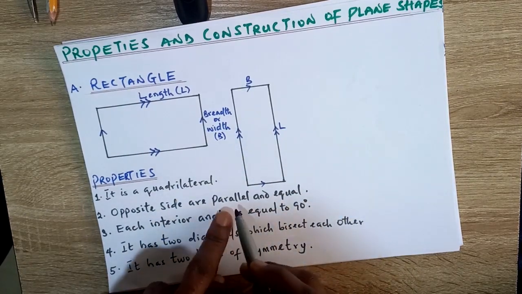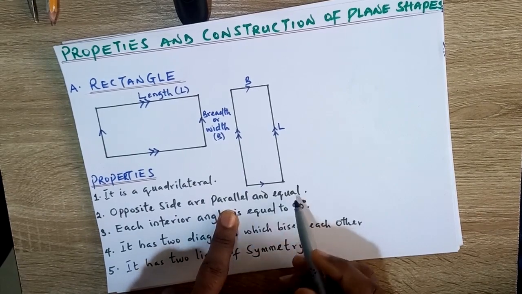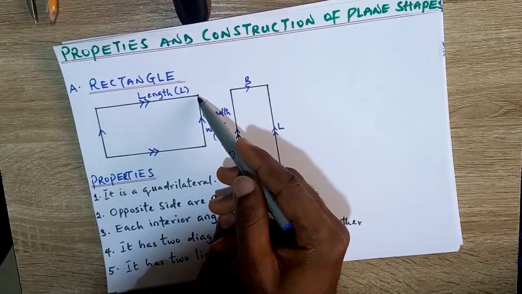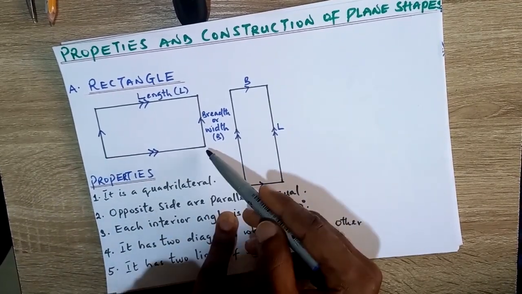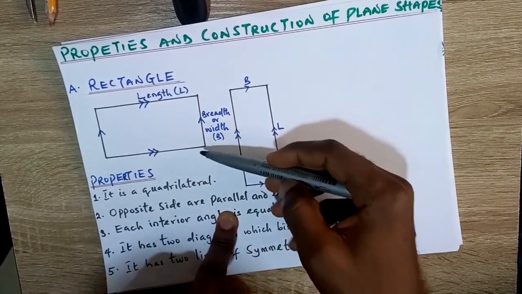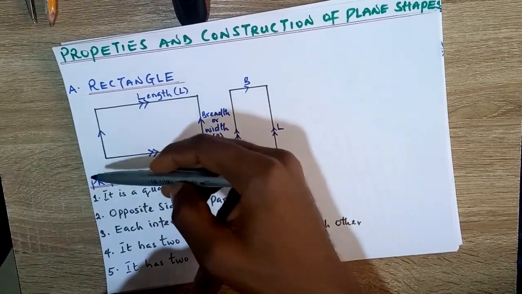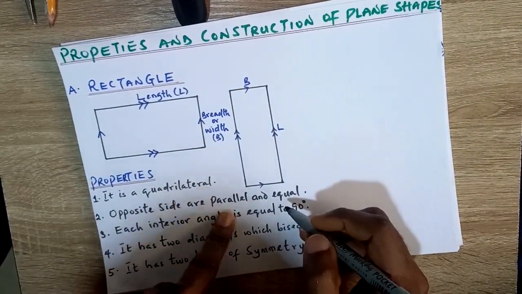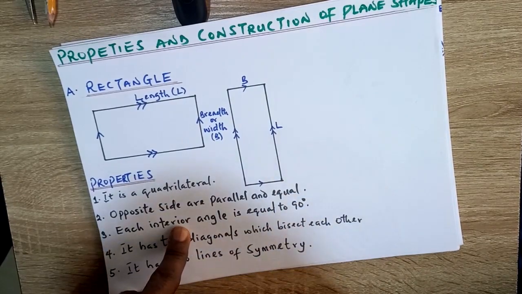Now there's another point here that they are also equal. That is, if this side of this rectangle is 10 centimeters, from this side to this side will also be 10 centimeters. And if this is 2 centimeters, this will also be 2 centimeters. So the equality is shown with strokes.